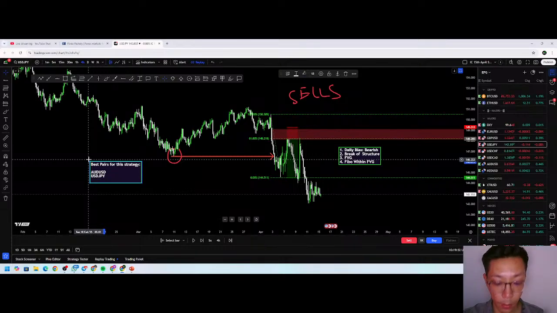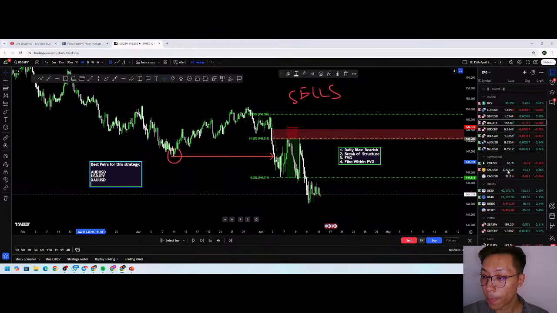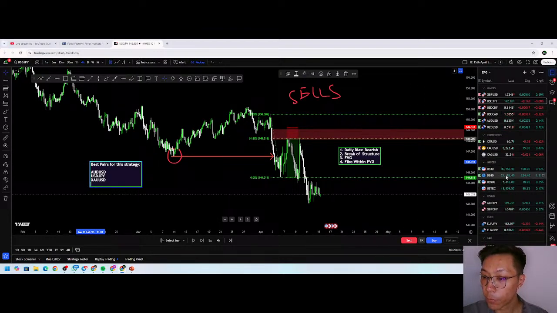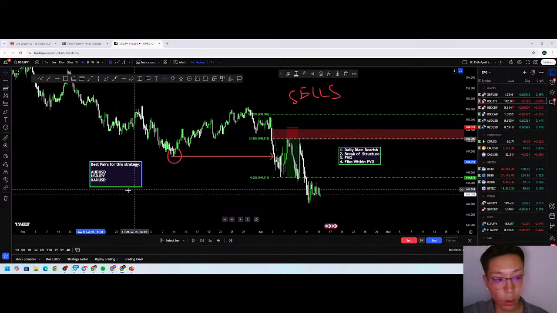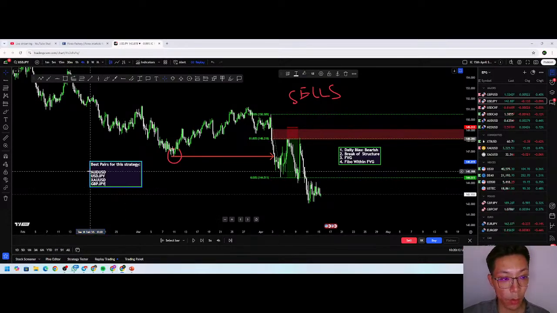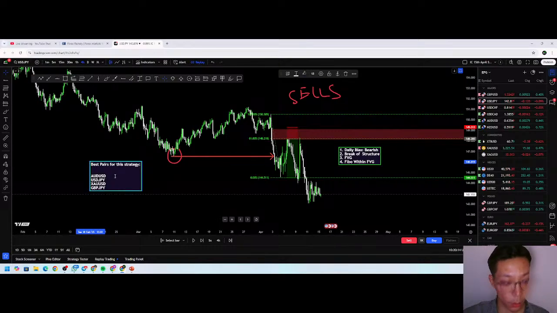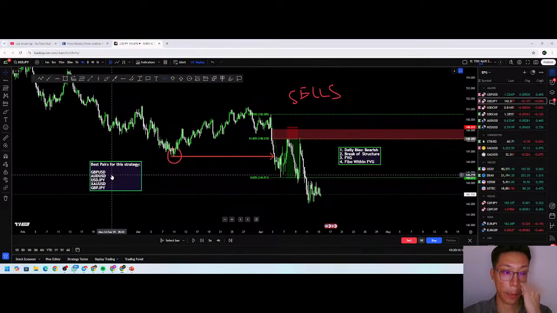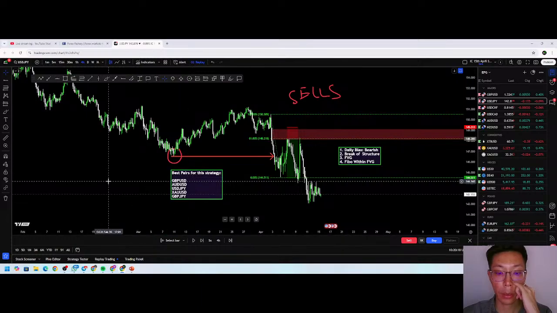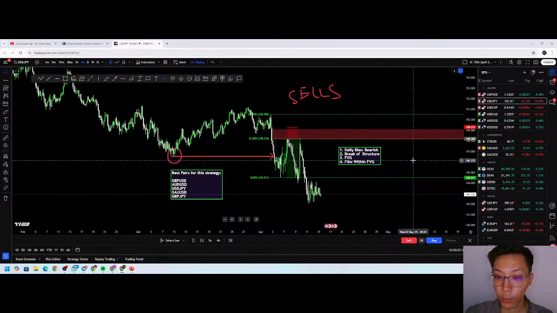USD JPY, gold, and then we have GBP JPY. Yep, and GBP USD, right? These are the pairs that work well with this strategy.